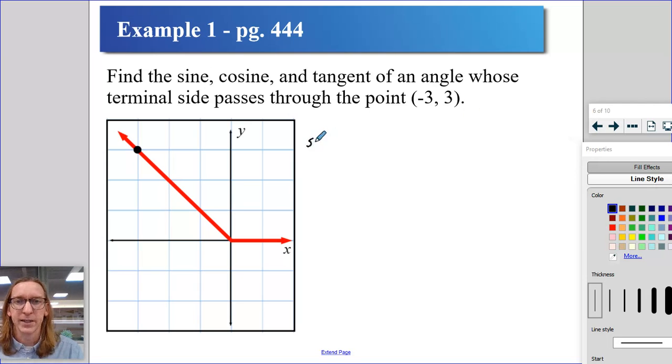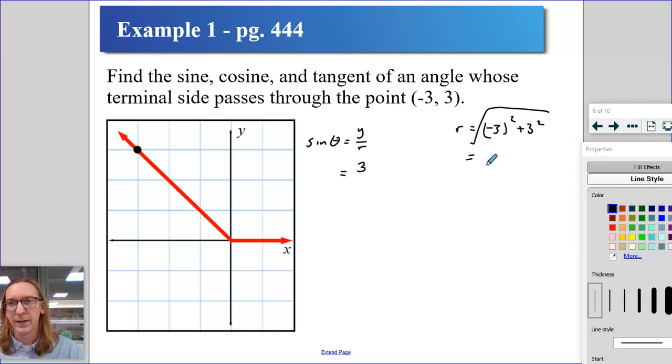Welcome back. The sine of theta is equal to y over r. The y coordinate is 3, and the distance r is the square root of -3 squared plus 3 squared. That is 9 plus 9, that is the square root of 18, which gives us a great opportunity to simplify this radical.